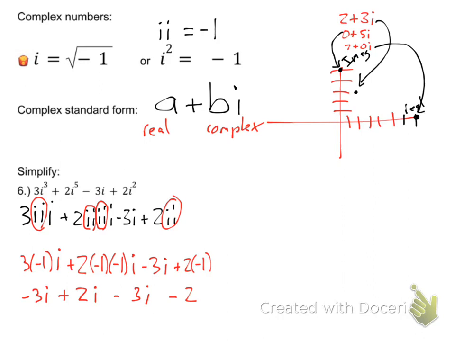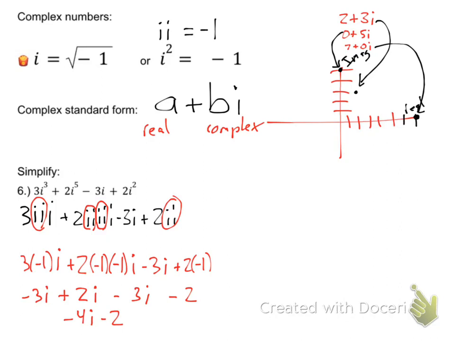Do we have any like terms? We have i's. You have a negative 3 of them plus 2. So you have negative 1. And negative 1 minus 3? Negative 4i minus 2. So you've gathered it all up.